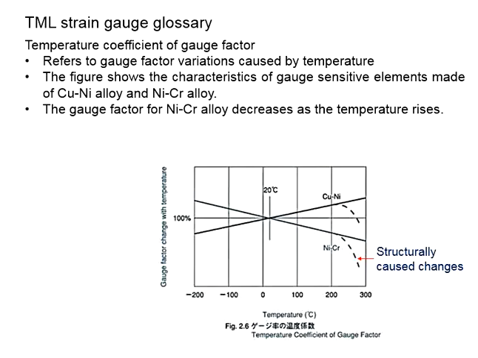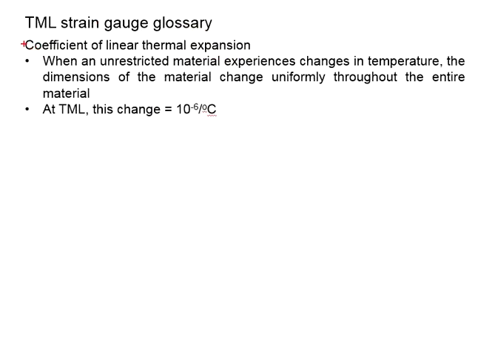And if you wish to have an accurate result, test your specimen at 20 degrees Celsius without any corrections to the gauge factor. Next, we talk about the coefficients of linear thermal expansion.